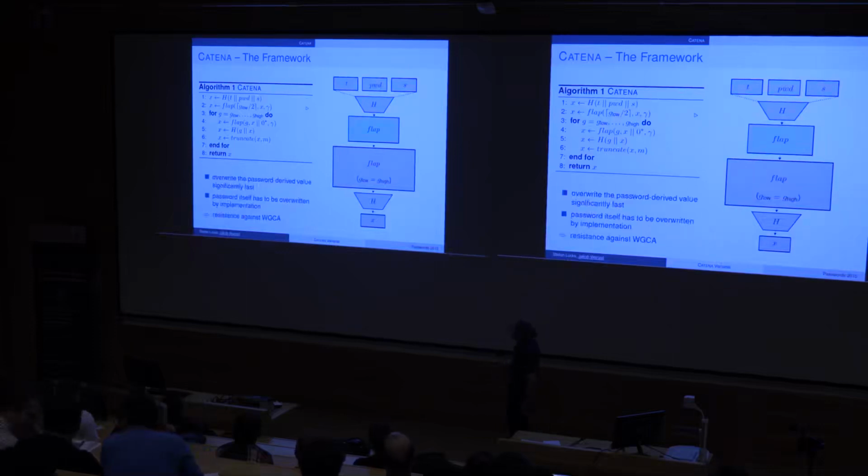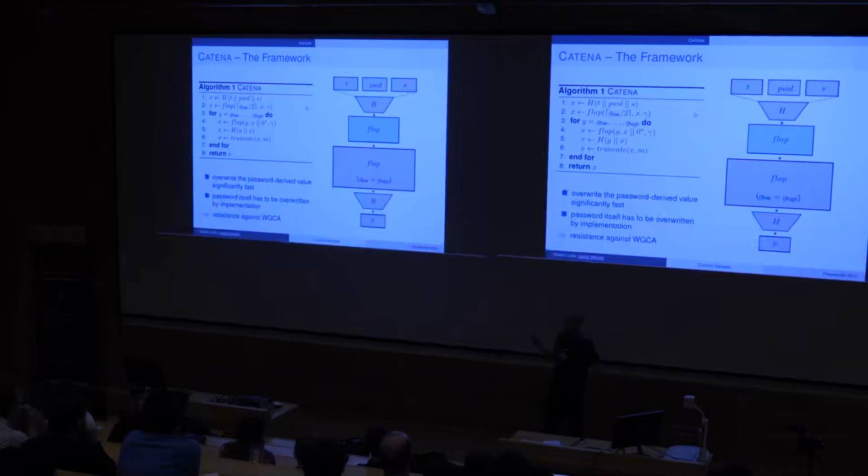So this is also one security part against weak garbage collector attacks, because not only the password itself has to be overwritten, but if you gain a value which is significantly fast derived from the password and you can fetch it from memory, then you can, of course, test password candidates much faster and do not have to do all the work here. This is why we deploy the small flap function here, which just overwrites the memory in a fast way. This is why this is smaller.